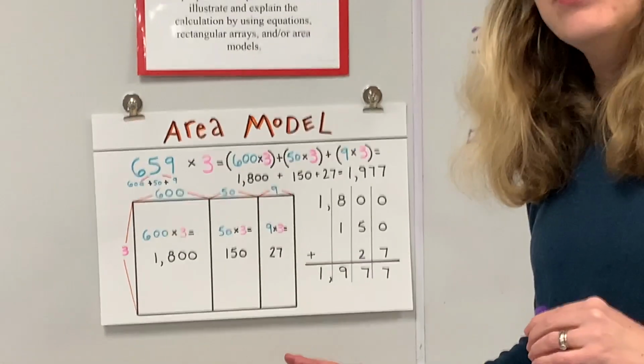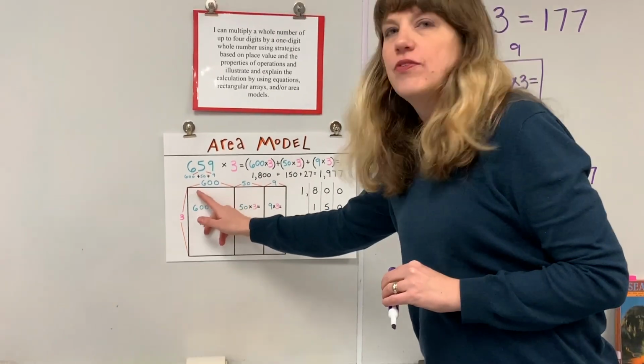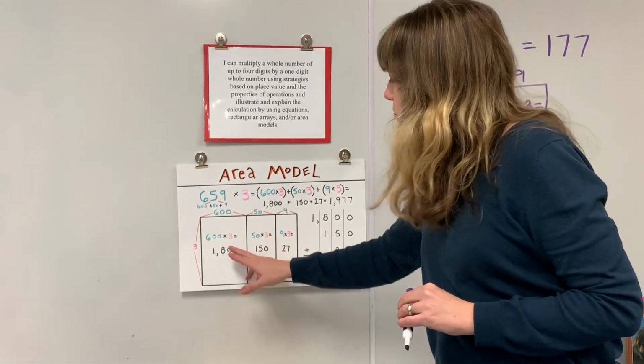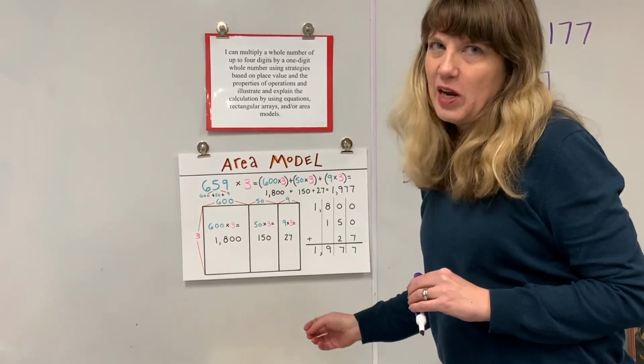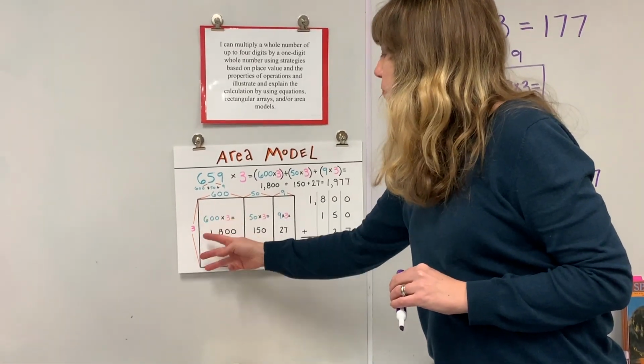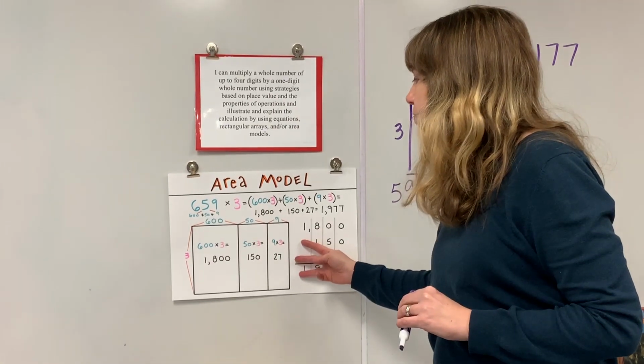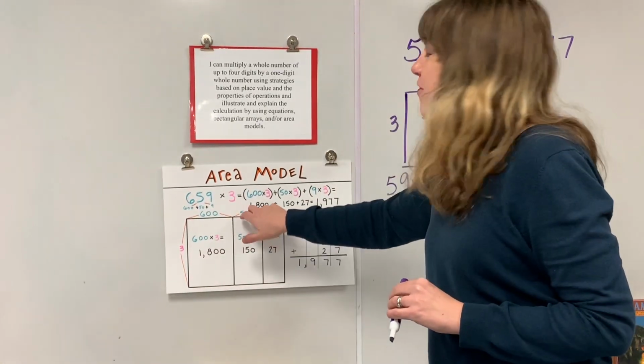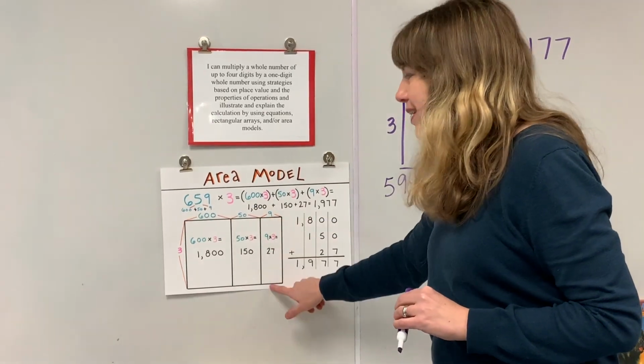I would remind students that this represents an array with many different units in it, that even though this is out of proportion, the 3 really means that there are 3 rows, and these would be 600 columns, 50 columns, and 9 columns.